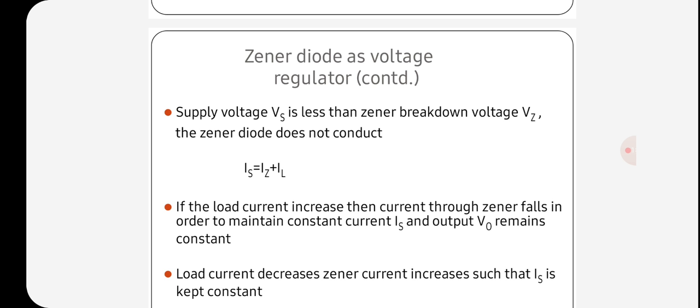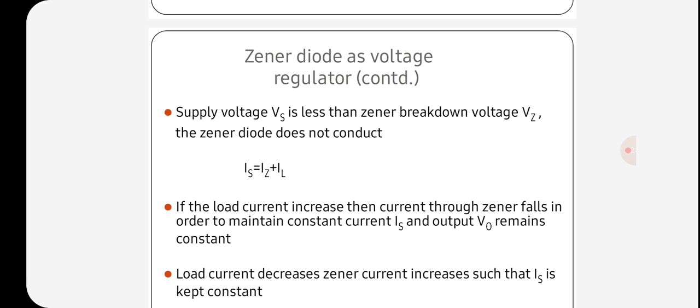Output voltage remains the same as long as the input voltage is maintained above a minimum value. Percentage of regulation can be calculated by delta V out by delta V in into 100, where V out is the output voltage and V in is the input voltage, and delta V out is the change in output voltage for a particular change in input voltage delta V in.